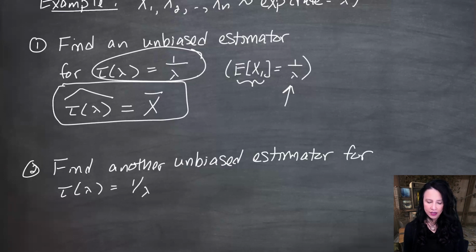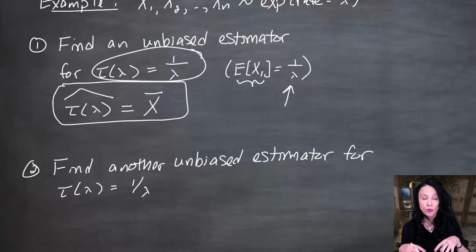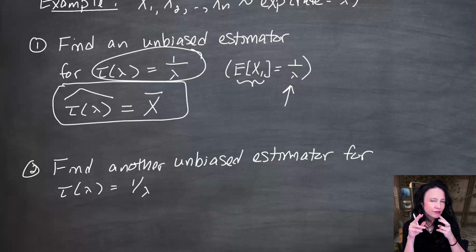And the first one we looked at was kind of, yeah, we're always going to try the sample mean, especially if the thing we're trying to estimate is the mean of the distribution. As this course progresses, you're going to have algorithms, you're going to have technique steps for finding these things. But right now, if it's not a common sense kind of obvious thing, I hate to say obvious, but I'm mostly going to tell you this.